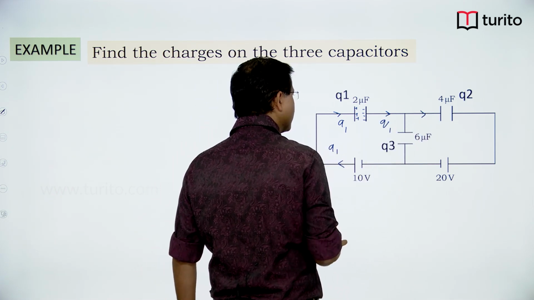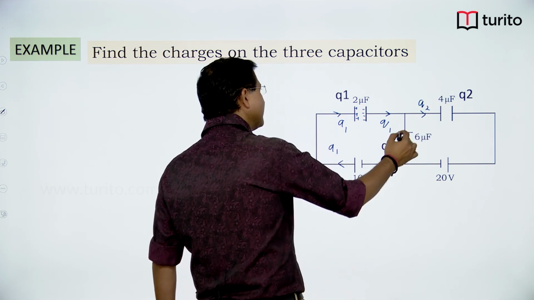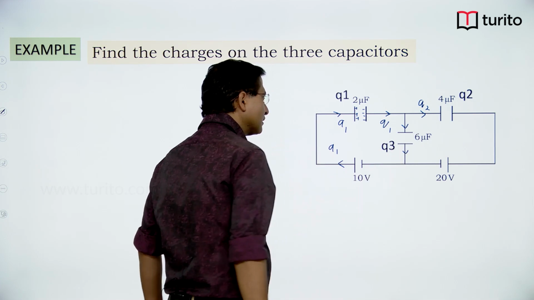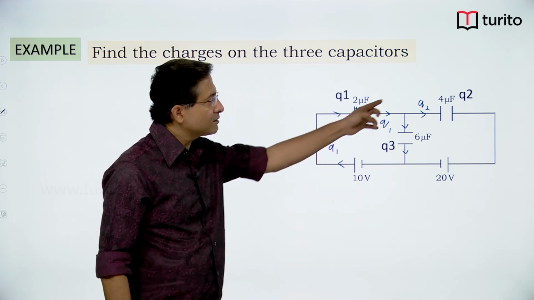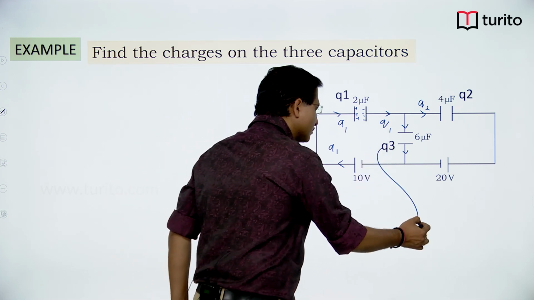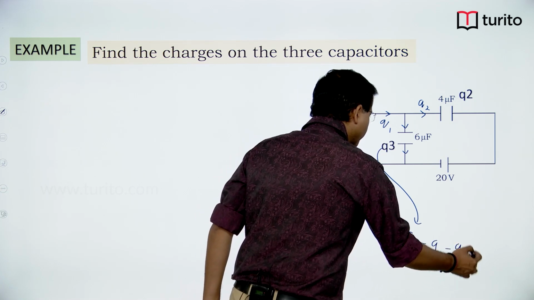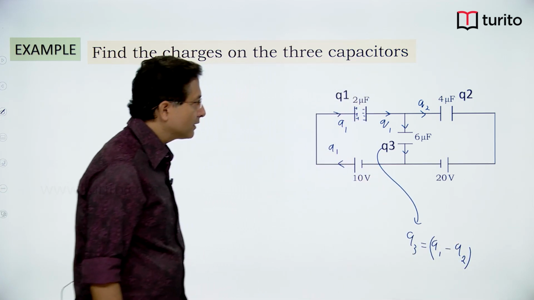Out of this Q1, say this is Q2 and the remaining charge is Q1 minus Q2. So, this Q3 I am writing, this Q3 is nothing but Q1 minus Q2, right.